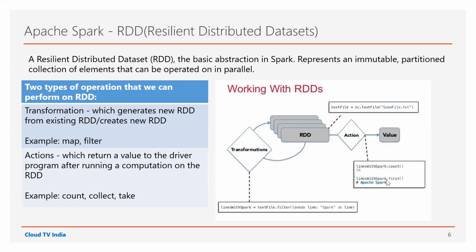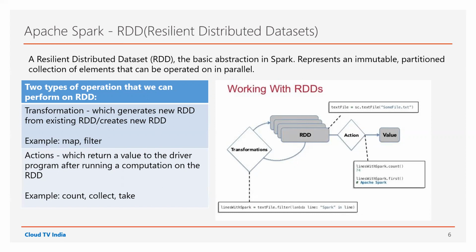Similarly, I can apply another action called first, which gives me the first element in the RDD. So whenever an action is applied, you get a value. The value is nothing but the result, or the content of the RDD, the output of the RDD, whatever you call it. That's what you need to understand about RDD.